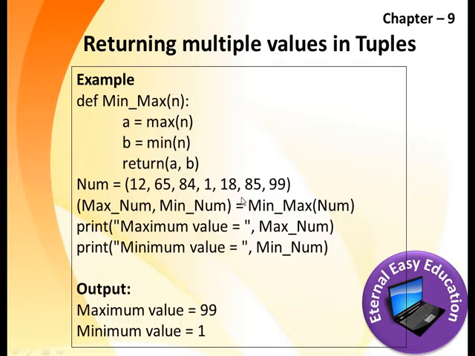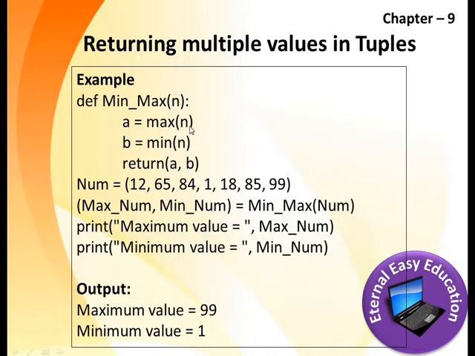Num is a tuple. Here max of num, min of num, two variables, equal to the function name and the whole tuple is given as a parameter. So this n is holding what? All the values 12, 65, 84, 1, 18, 85, 99.